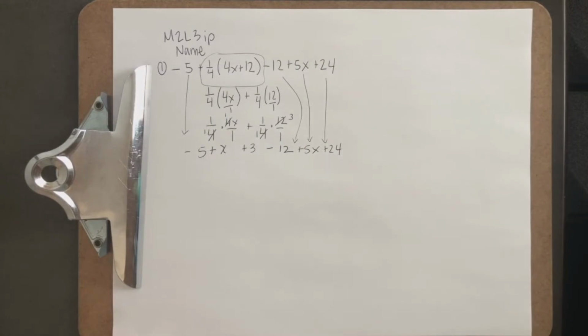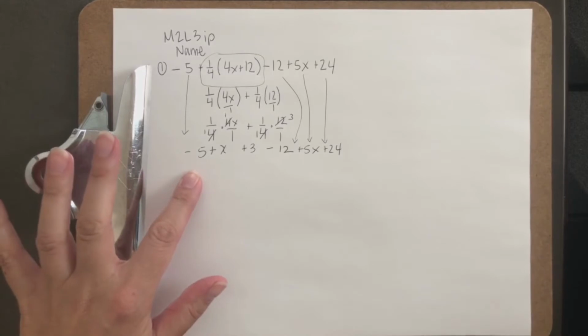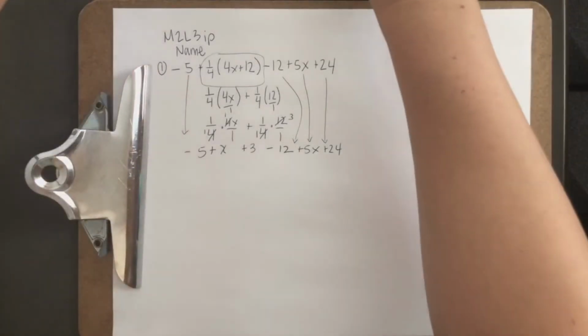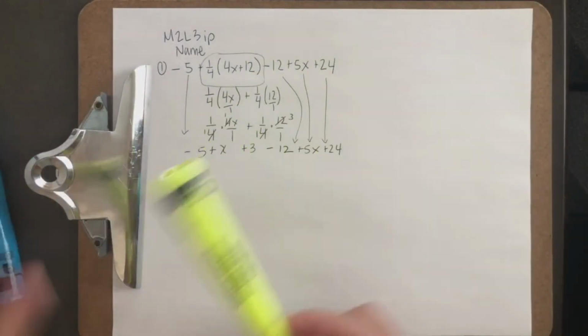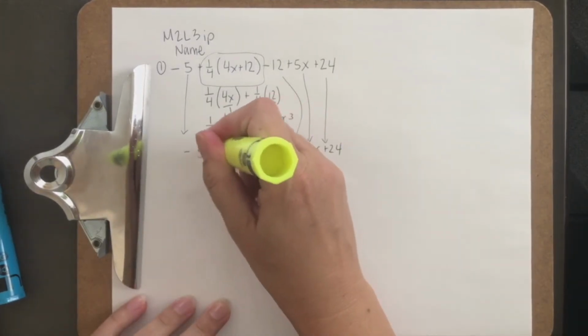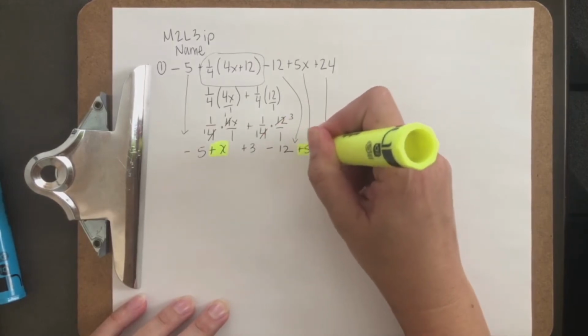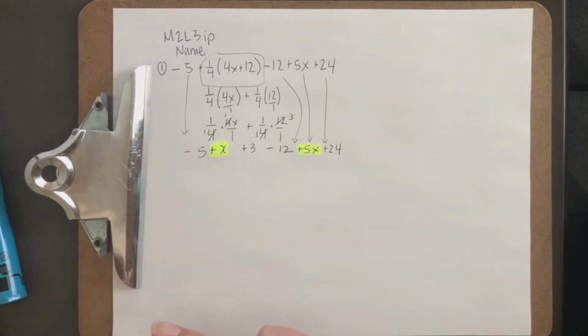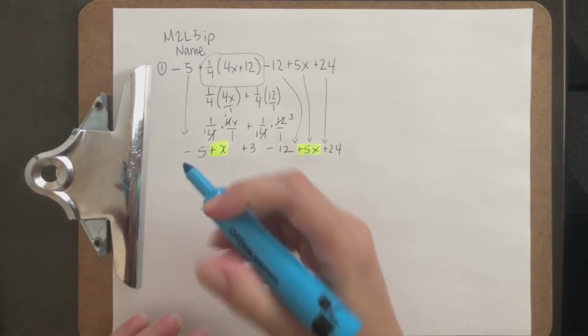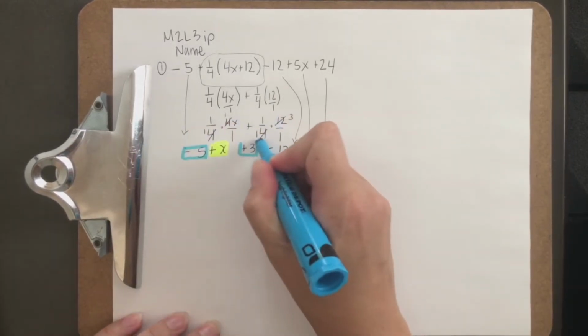If you want to use the tiles to help you, you absolutely can. I am going to use a highlighter or two. So including the sign in front of the term, I'm highlighting. I include the sign so that I remember if it's positive or negative.